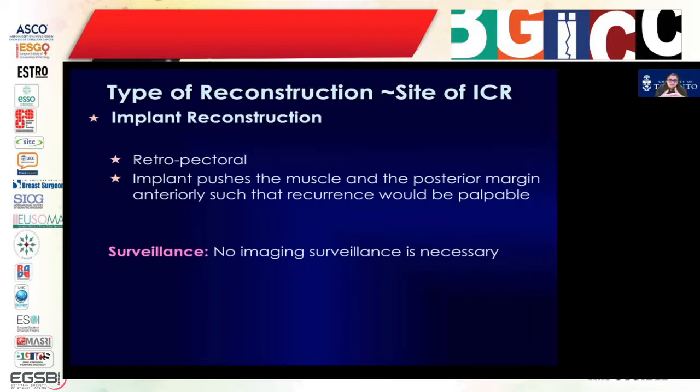It's almost like pushing the mass out. And so for these women, really no imaging surveillance is required. A routine clinical exam is what is required. So women with implant reconstruction following mastectomy do not require any further mammographic imaging surveillance.